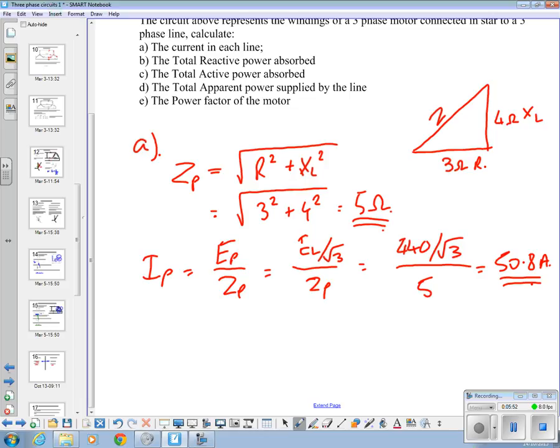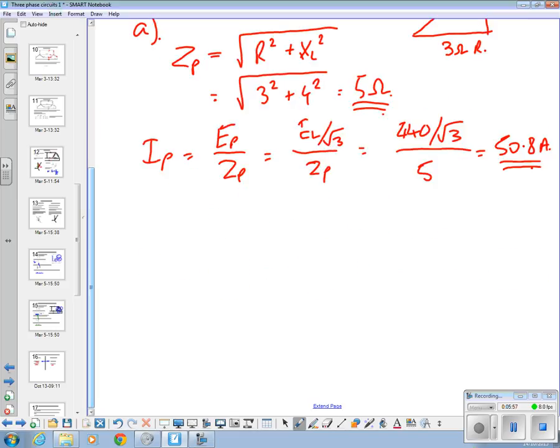Part B, the total reactive power. So we're looking to find QT.